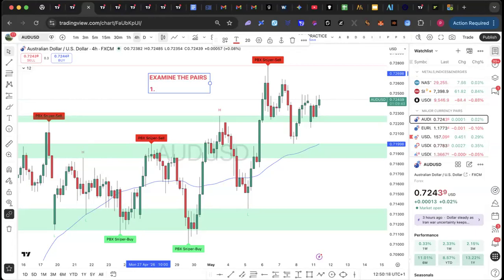One, GBP USD. I'm not saying you should trade, just examine, you will tell us what to see in them. All right. GBP JPY. Euro. No, not Euro USD.